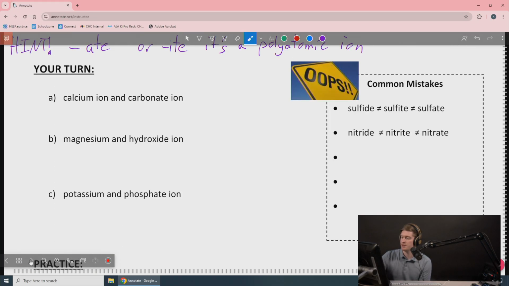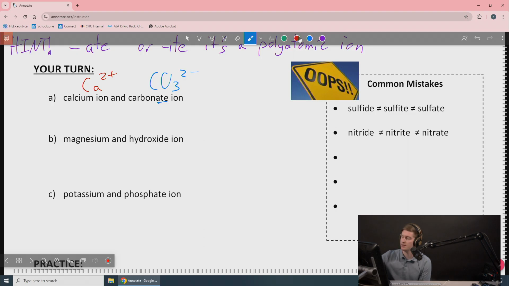So if I was given the name calcium ion and a carbonate ion, because this ends in ate, I know to look in my table of polyatomic ions. Carbonate is CO3 2-. The calcium ion is Ca2+. These charges already balance, and so they cancel.